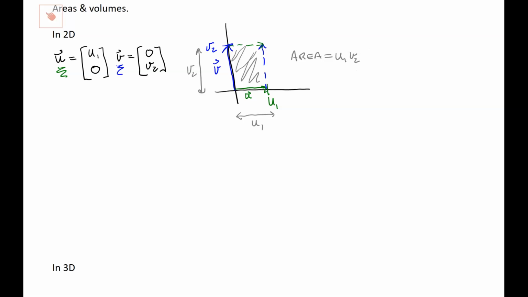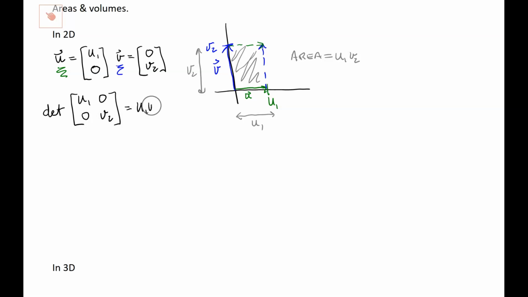Now let's see where determinants are coming in. Well, if I make the matrix that has as its first column the vector u and as the second column the vector v, I get this. And if I compute the determinant of that matrix, remember the determinant of a 2 by 2 matrix we get by just multiplying along the forward and backwards diagonal and taking the difference.